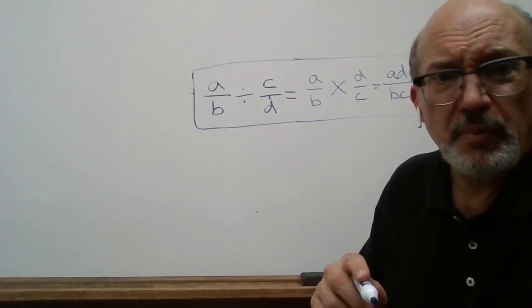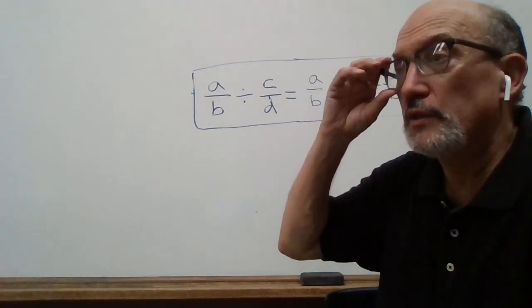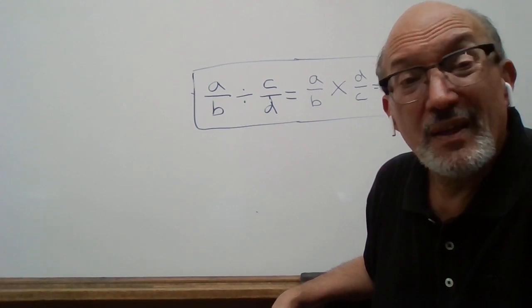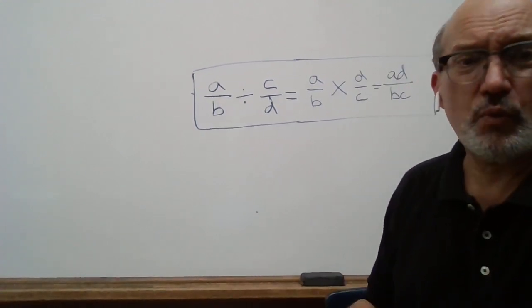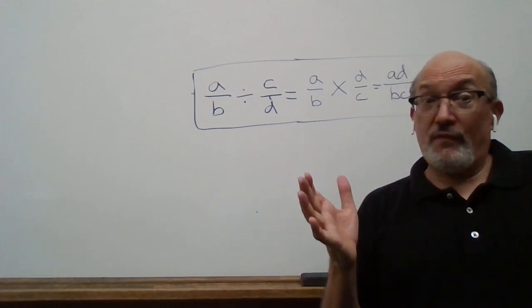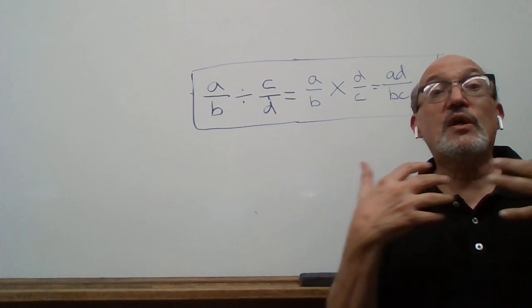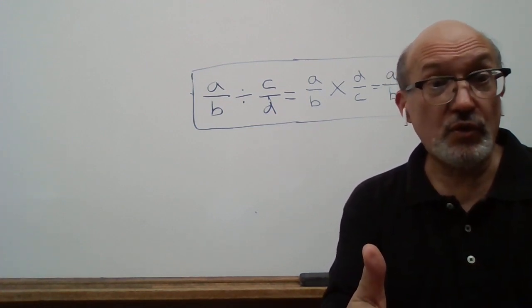And keep, change, flip. There are some teachers out there that don't like keep, change, flip because they say the students are just going to do it without thinking. Well, you have to do a lot of things in math without thinking. Initially, you have to think about it, but you've got to get to the point where certain things are automatic because you're going to be doing more complex and interesting problems in the future.